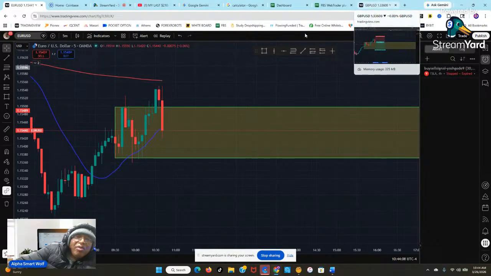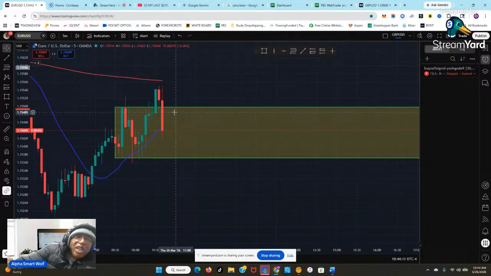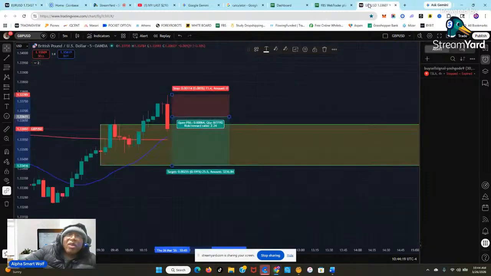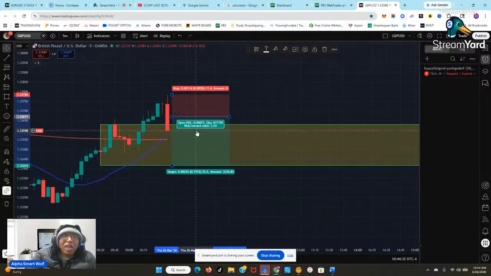So again, if you're to take a trade which is not an A plus setup, this would be the place to enter, targeting this stop loss right there at the top. It's not an A plus setup. That's what I'm trying to tell you guys.